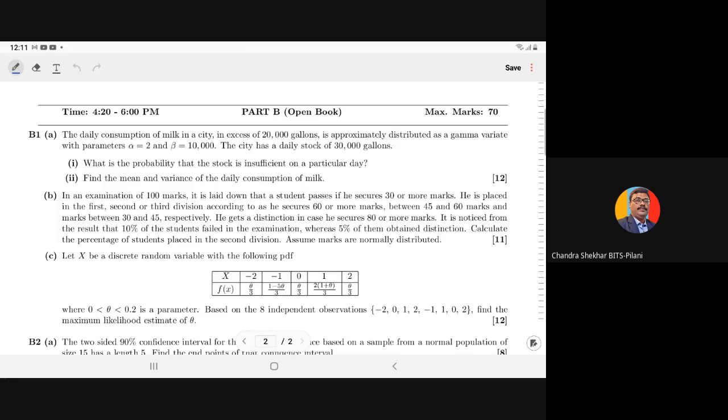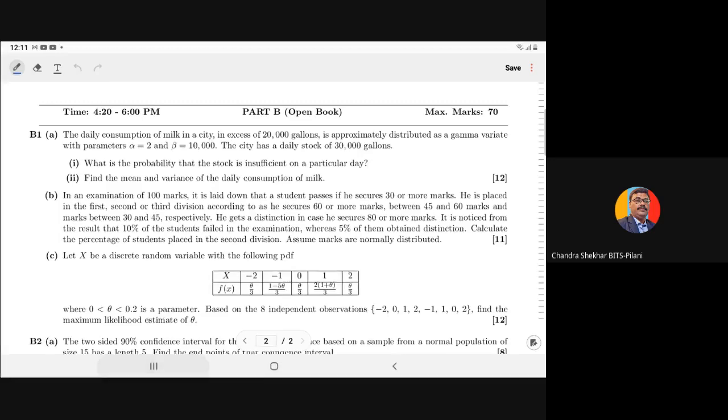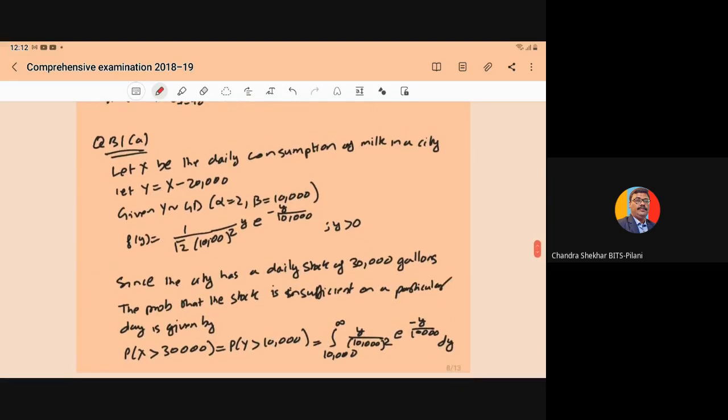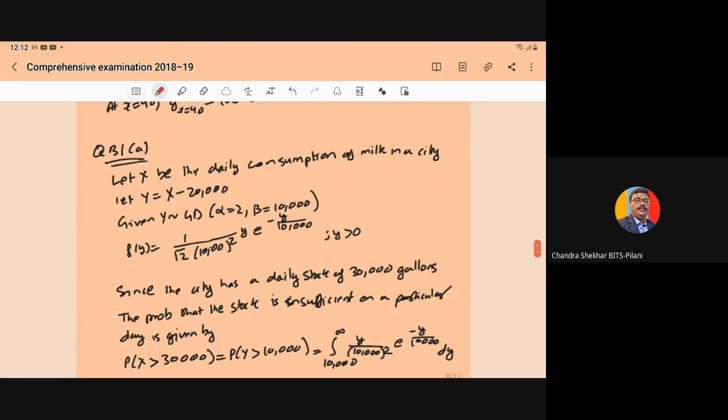So this question belongs to gamma variate. First we have to define the random variable properly. Here we define let x be the daily consumption of milk in a city, that is the random demand.